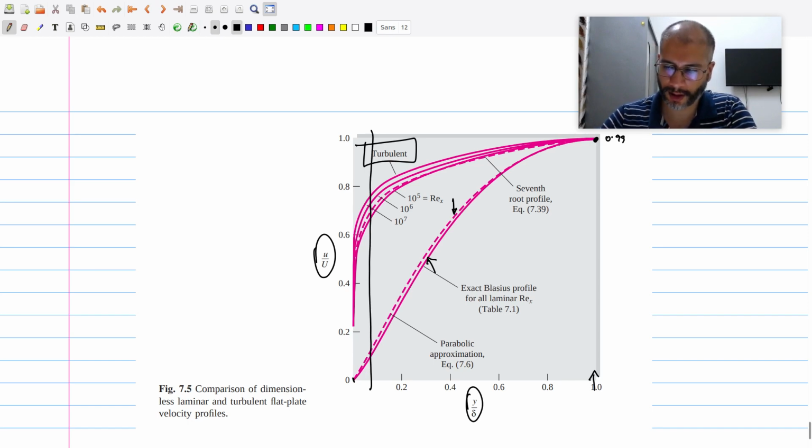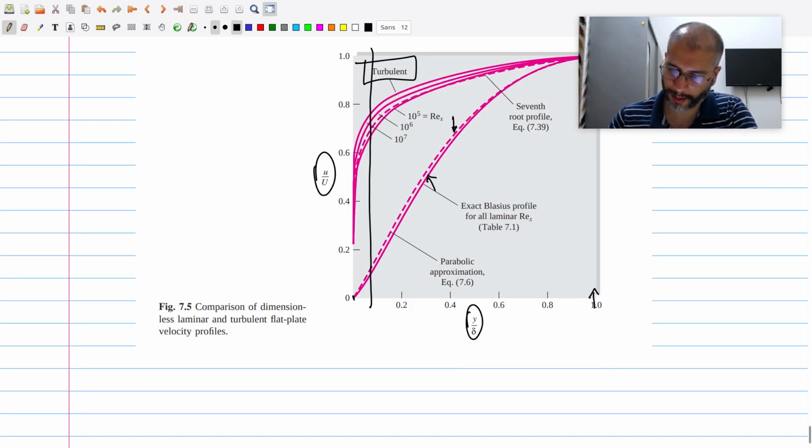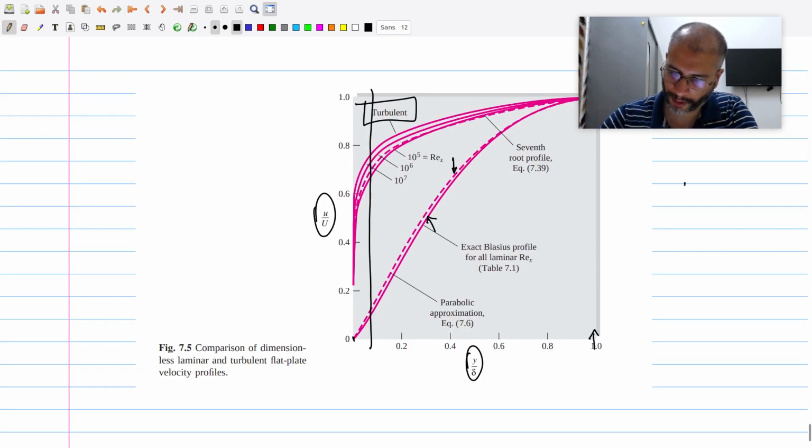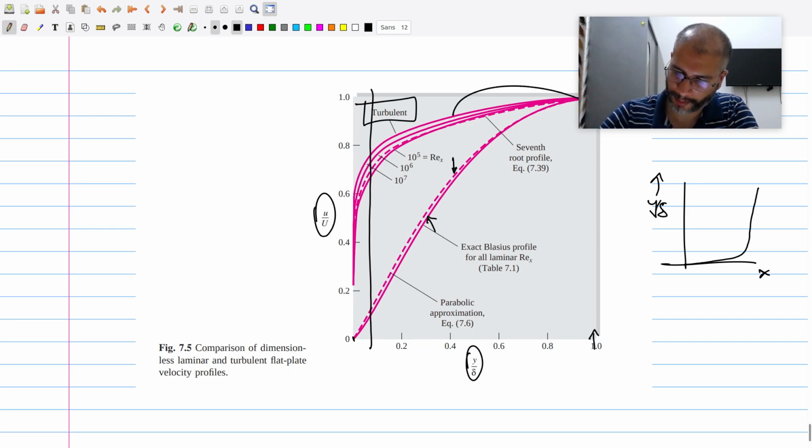Okay, so this is drawn with y on the x axis, but if you were to draw with y on the y axis, and this is the x direction, so the x velocity will be plotted here, and this was y by delta. Then for turbulent, what you see is a very sharp increase, and then it becomes something like this. Okay, so this is the same as what we have here. All right, so this is turbulent.